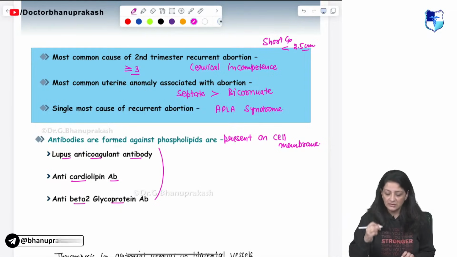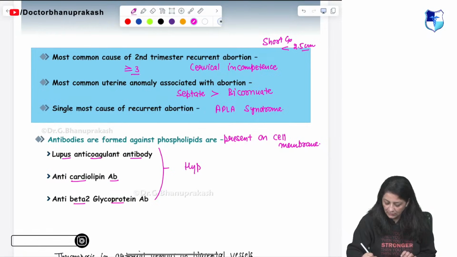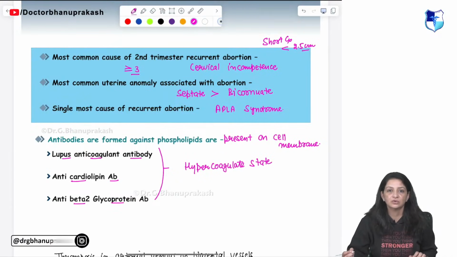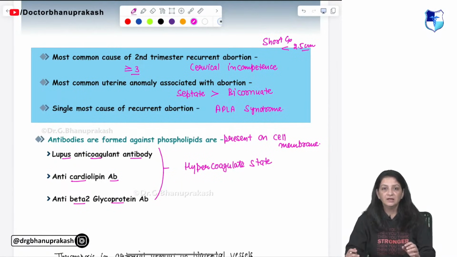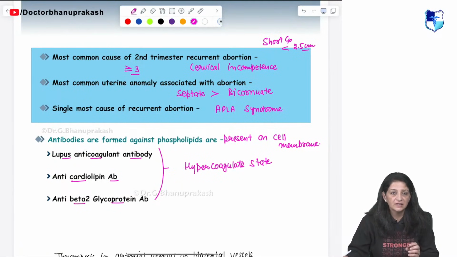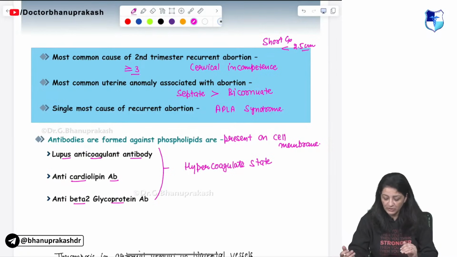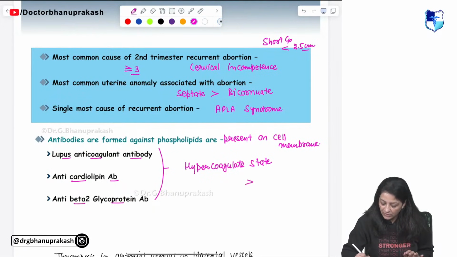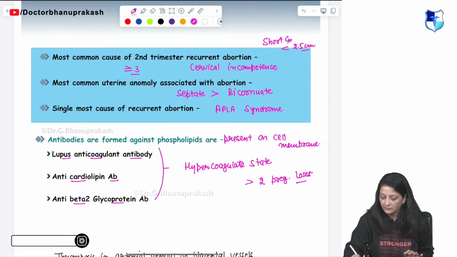Basically, APLA syndrome is a hypercoagulable state. Formation of thrombosis in arteries, veins, placental sites, spiral arteries. This is APLA syndrome. If there are 2 or more pregnancy losses, then we have to do investigations.